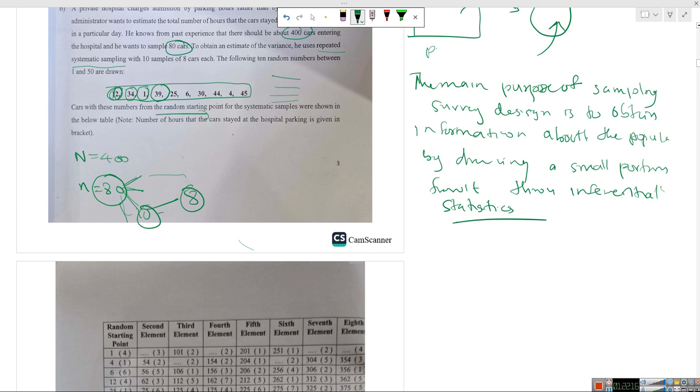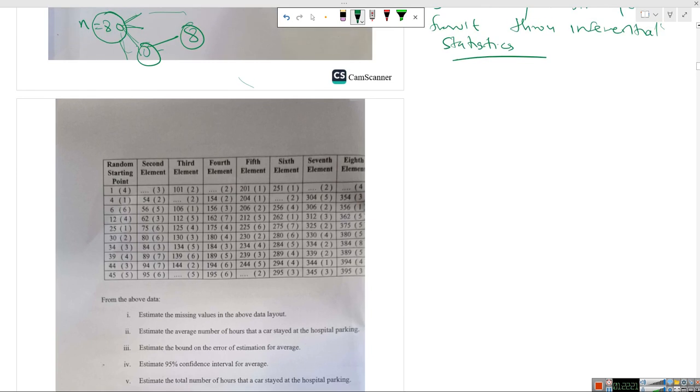So we have 10 samples, and the data is given. We have 8 cars in each, sample 1, sample 2, up to sample 10.